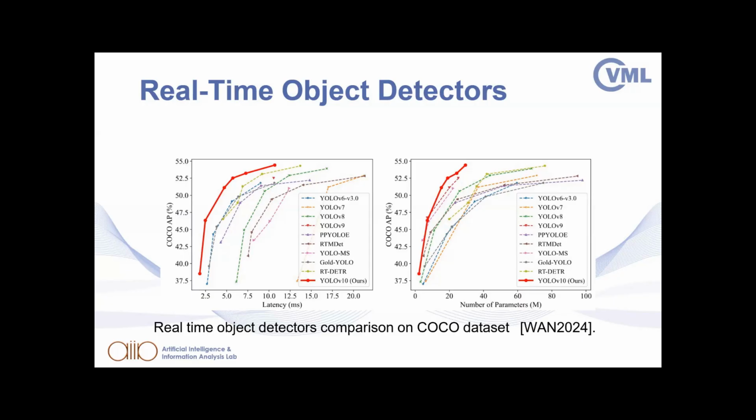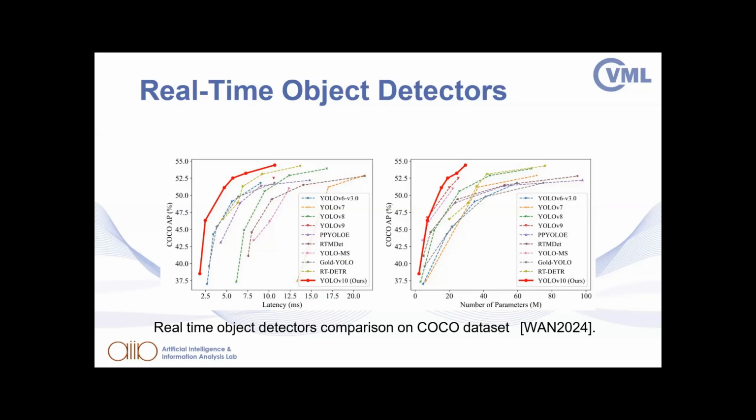Faster models have lower latency, but they often trade off some accuracy. On the right, the graph shows average precision as a function of the number of model parameters, representing the model's complexity and size. Larger models tend to achieve higher accuracy, but are computationally more expensive.